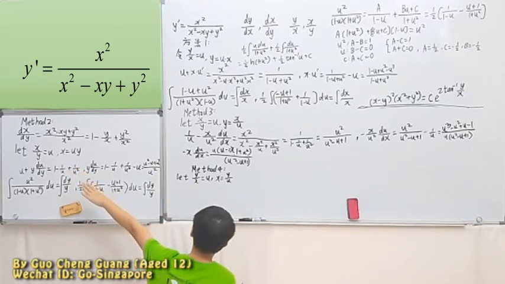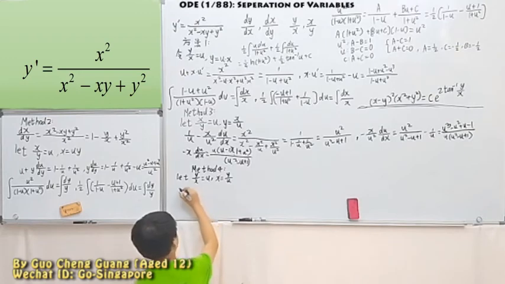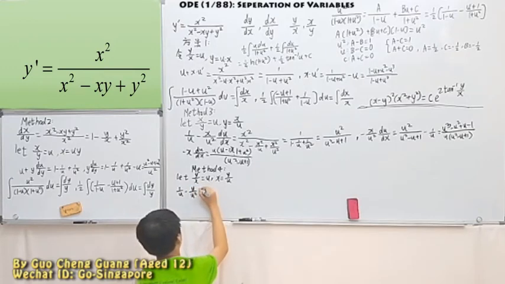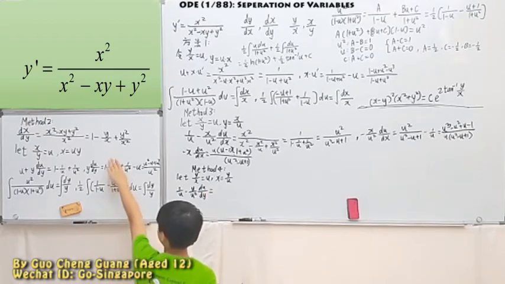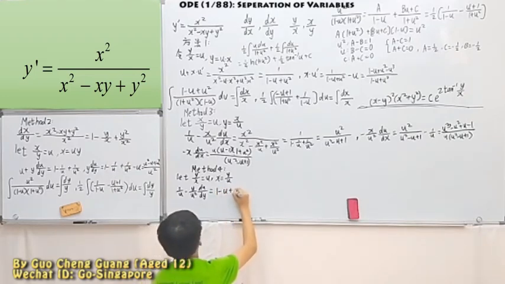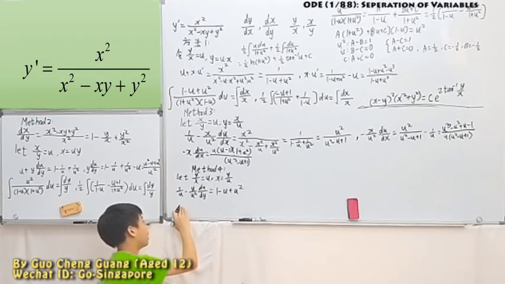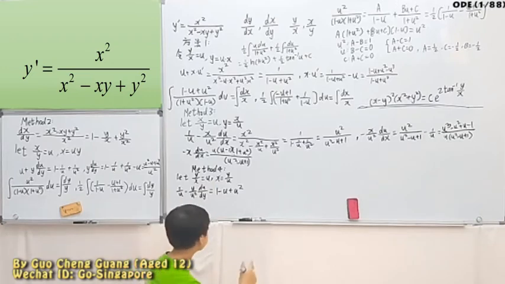Okay, now you get something like this. Then for that first part, you can use the product rule. Okay, then for this second part, it becomes like this. How about we change this 1 over u to the other side?